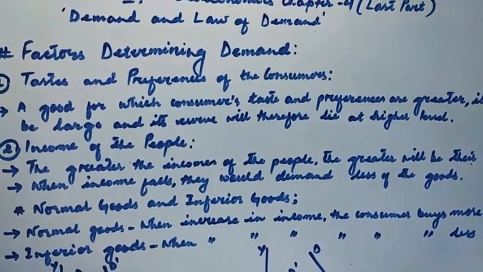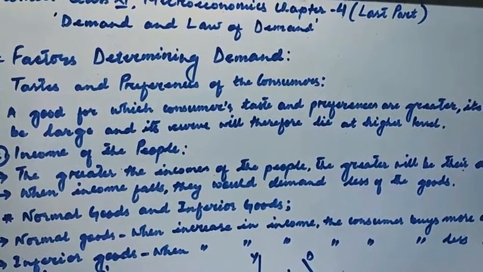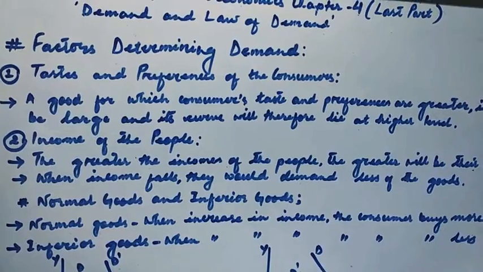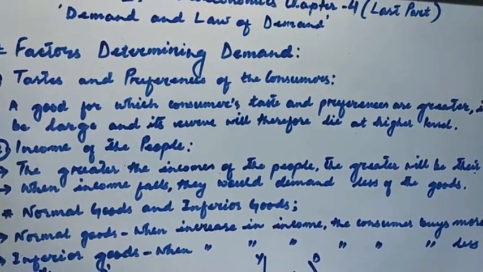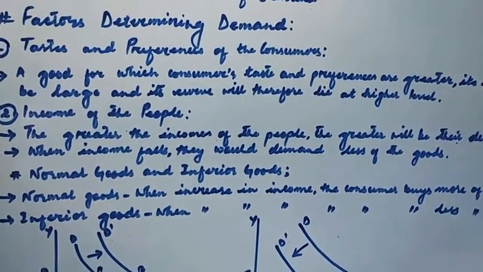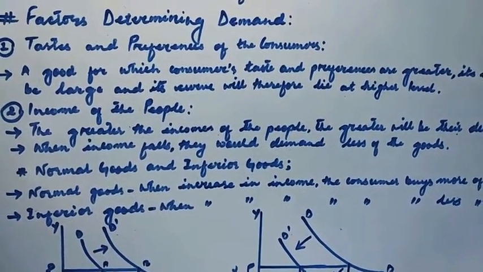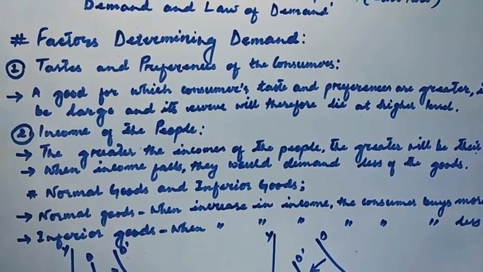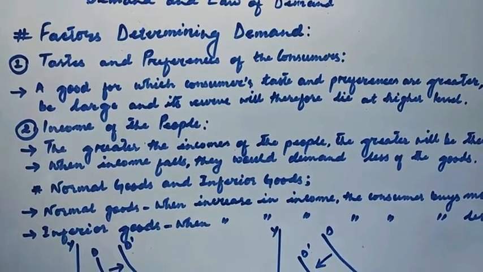On the contrary, when certain goods go out of fashion, when they are outdated, people's taste and preference no longer remain favorable to them, so demand for them decreases. On one side, we have seen the demand for a commodity increases because of the pressure of advertisement and change in fashion.